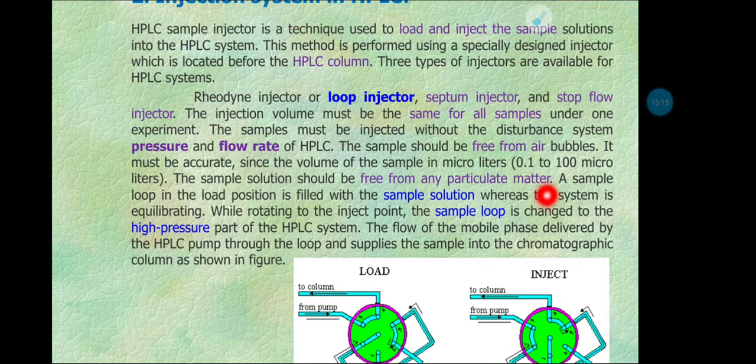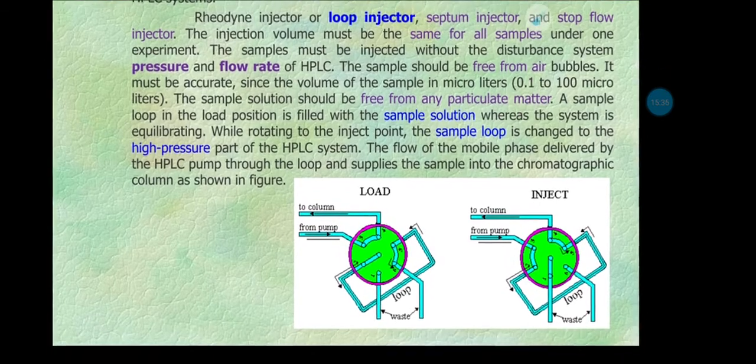That means the sample is prepared in solution form that can be filtered, or can also be ultrasonicated. A sample loop in the load position is filled with sample solution, whereas the system is equilibrated.